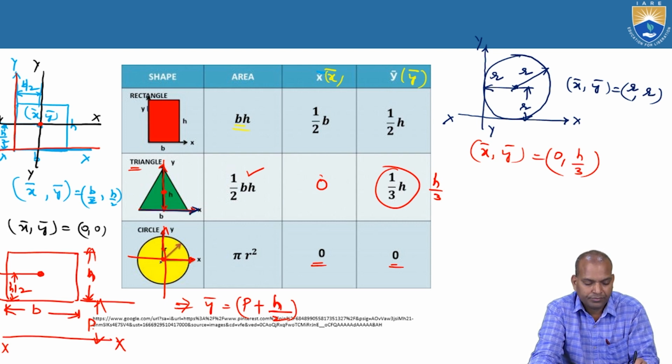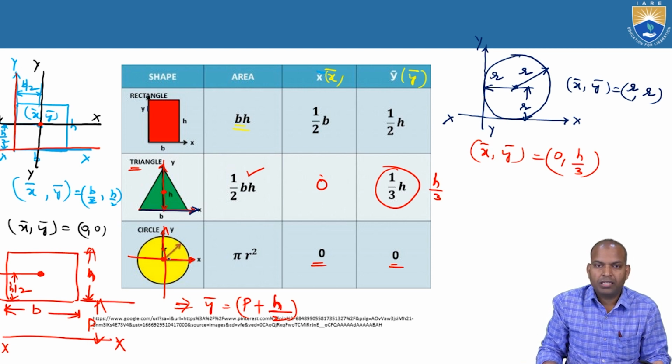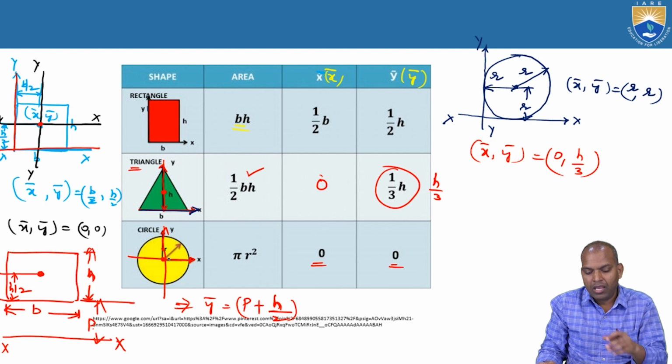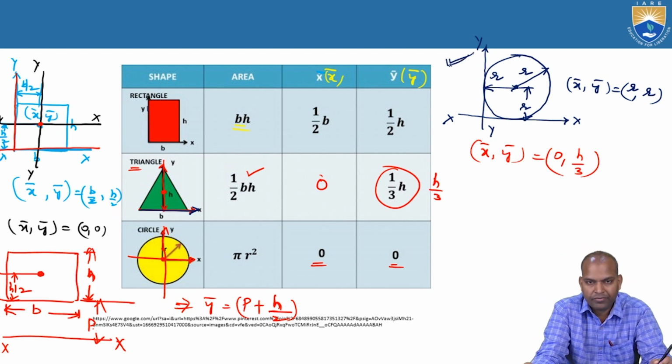Coming to the circle, x and y axes are passing through the centroid. When the reference axes pass through the centroid point, the centroidal distance is 0, 0, there is no distance. If the reference axes xx and yy are on the surface, then x bar and y bar are the radius of the circle, r, r.